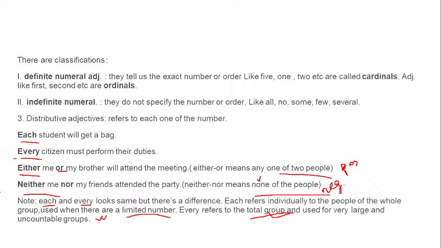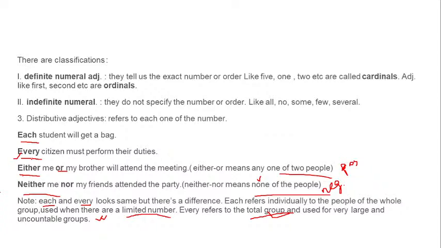That is why if you pay attention in this example, every citizen must perform their duties. We are not saying each of the citizen must perform their duties, because the concept of citizen, we can't count citizens, right? Citizens are many in number, numerous in number.